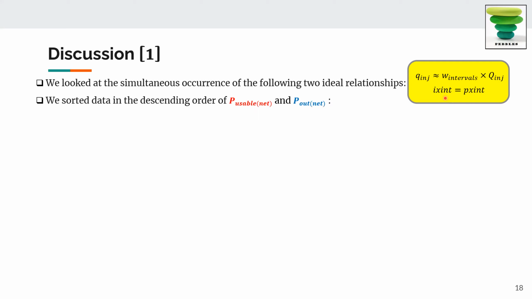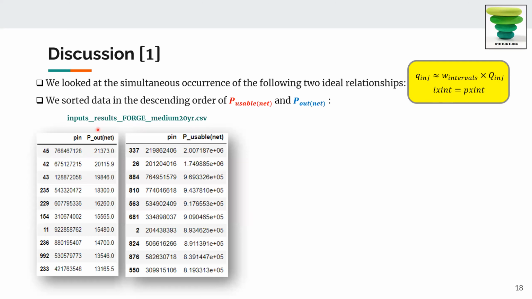Then we sorted the data in descending order of P usable net and P out net. So here are those two columns, the first 10 rows from the median 20-year CSV file.